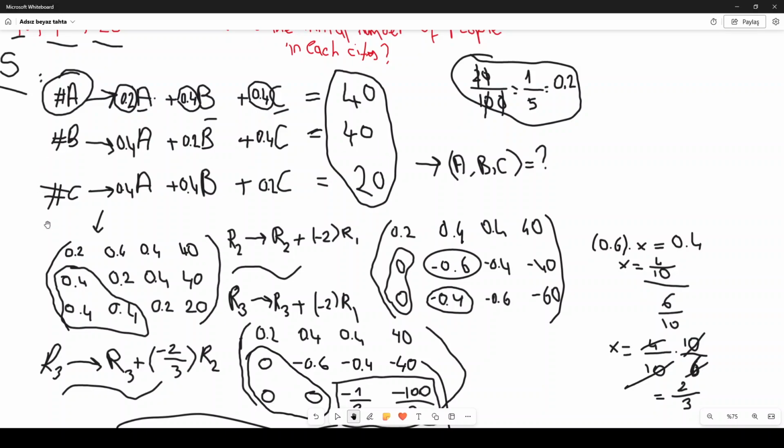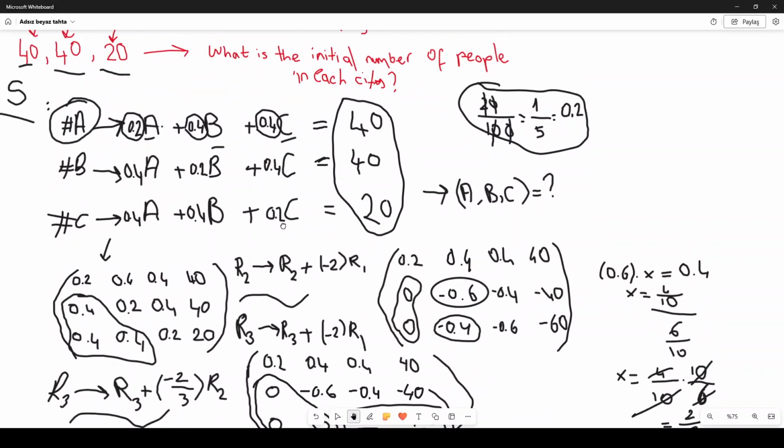And for the third equation, which represents the total number of people in city C, again we just write the rate of change, in other words the contributions from each city to the total number of C as coefficients in this equation: 0.4, 0.4 and 0.2 from C itself.